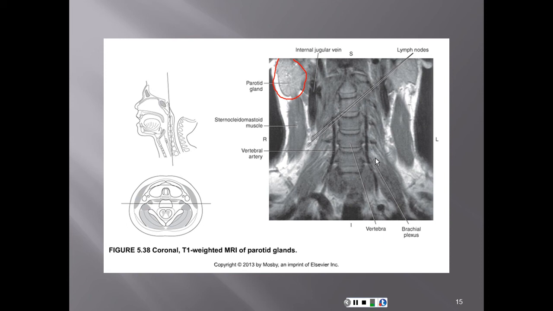The submandibular duct, or Wharton's duct, opens into the oral cavity on either side of the lingual frenulum, immediately posterior to the teeth. And numerous sublingual ducts, Rivinus ducts, opening in a line along the floor of the mouth.